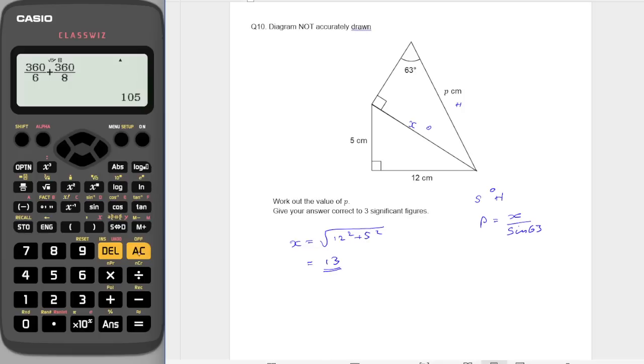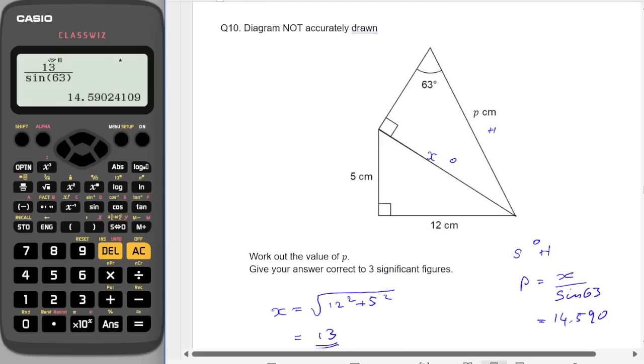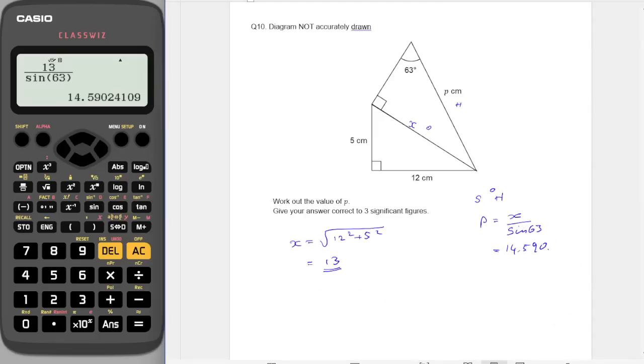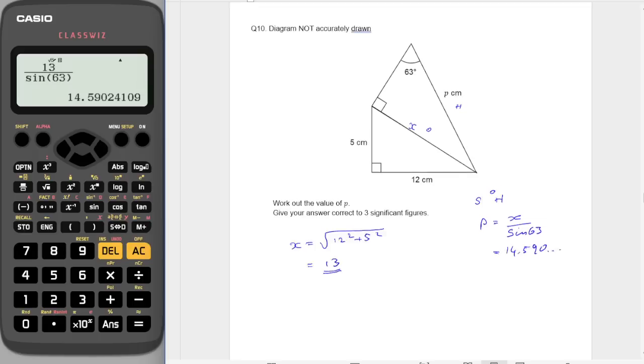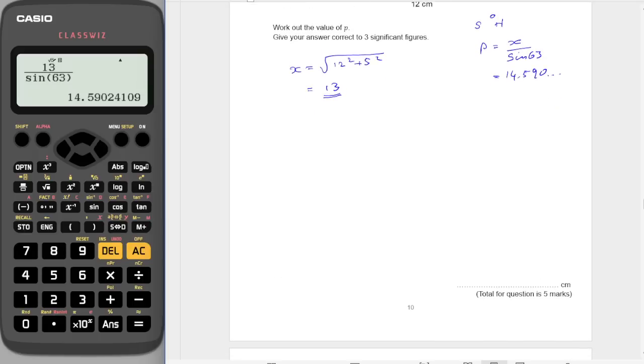So P is going to be equal to 13 divided by sine of 63. That gives me 14.5902... It asks for it to 3 significant figures, so that's going to be 14.6.